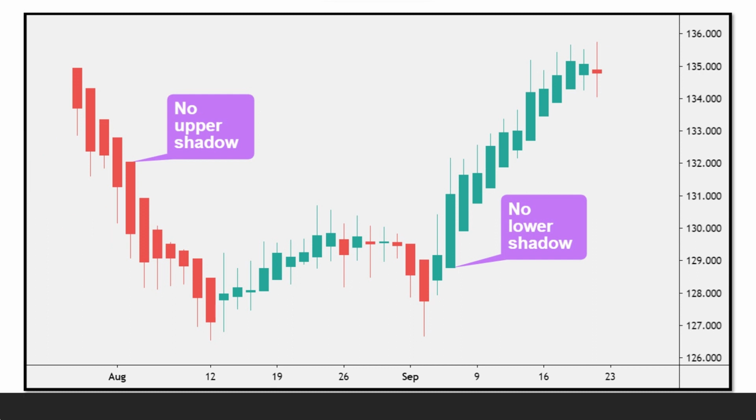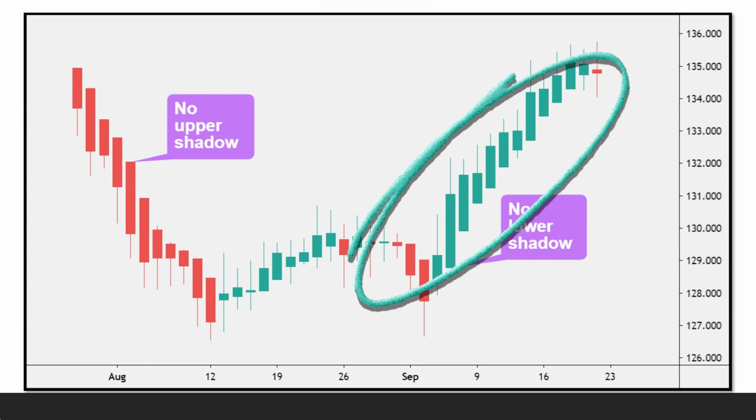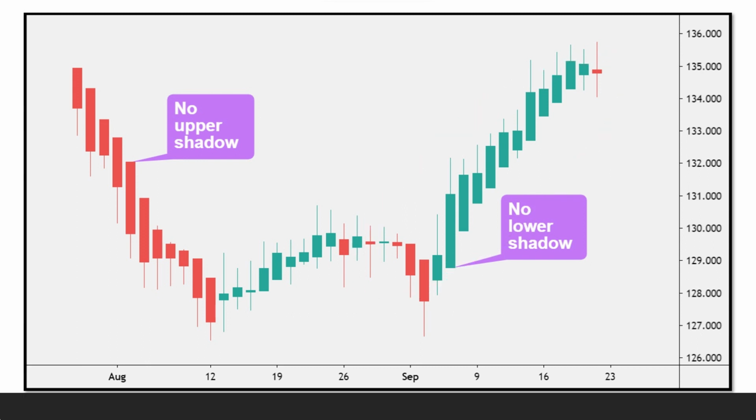Second, there are no gaps because of the way the candle is calculated. Third, it helps in understanding the strength of the trend. Candles without a wick on the opposite side of the candle show that there is a strong trend towards either the bullish or bearish side.